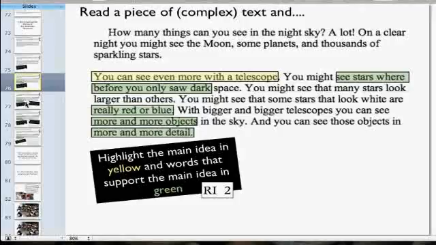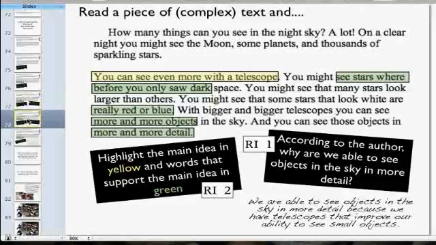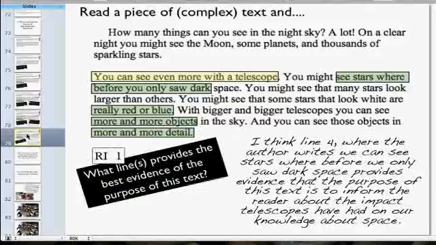Another piece to this might be a text-dependent question. And what we mean by text-dependent questions are questions that require you to look back at the information in the text, right? So this comes from Reading Informational Text Anchor Standard 1. So here might be an answer to this text-dependent question, and another text-dependent question.